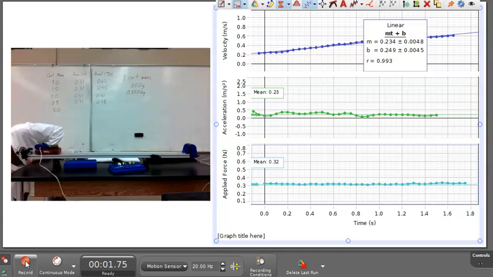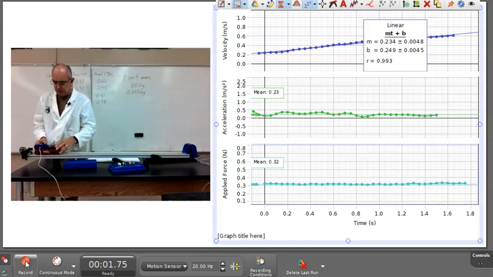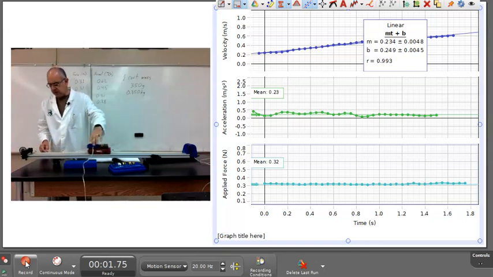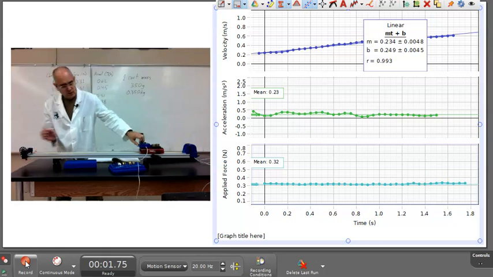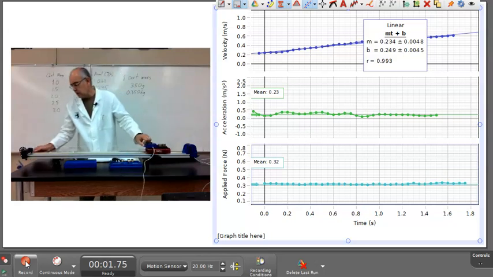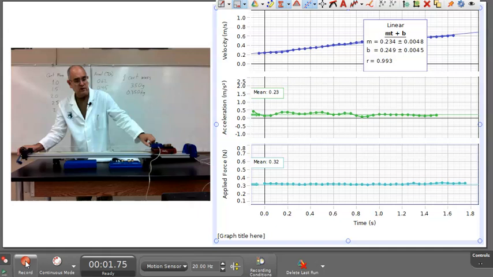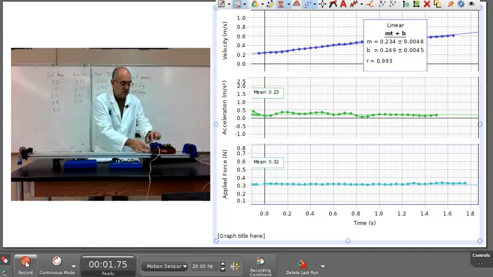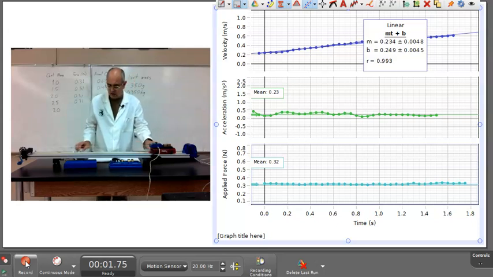So we'll zero the force sensor. Actually, we'll pull this back. This is part of the adventure, isn't it? You see, what we're trying to do is keep the force constant and just change the mass.